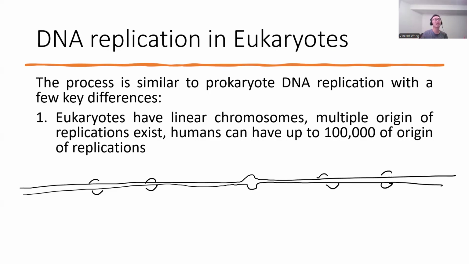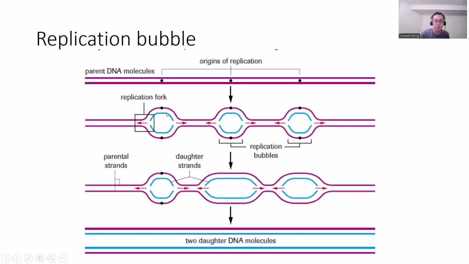Okay? It's like if I ask the whole class to come together and copy the textbook, right? It would make sense for us to each start at a different chapter and then put it back together, right? This is kind of like that. You're going to create the origin of replication at multiple locations, right? So there will be some enzyme copying this part, some enzyme copying this part and this part.